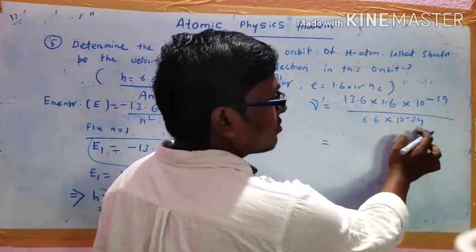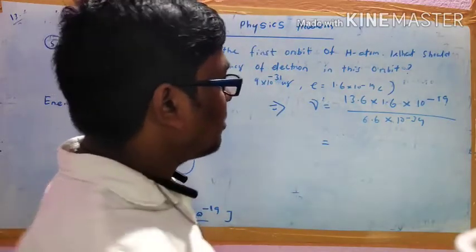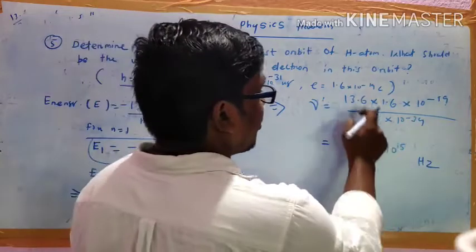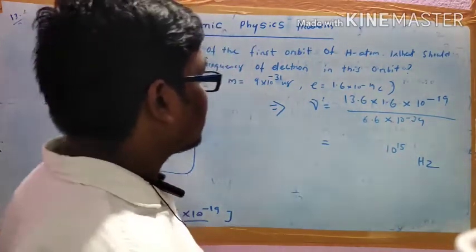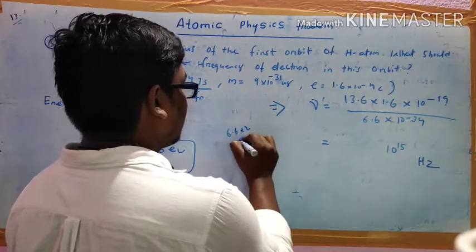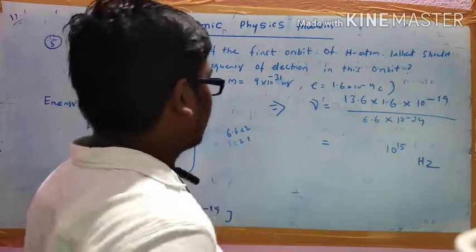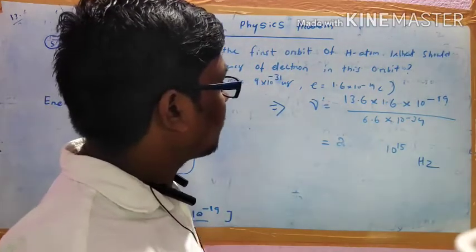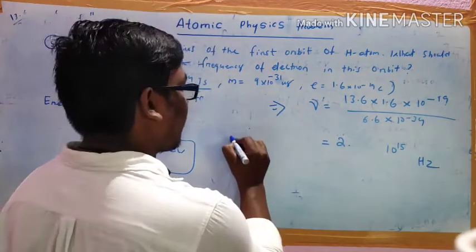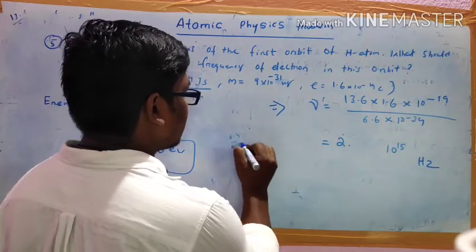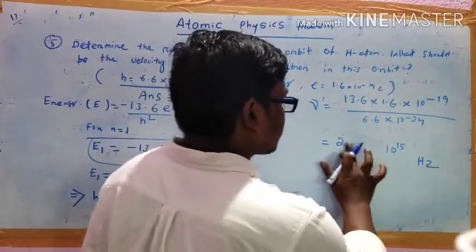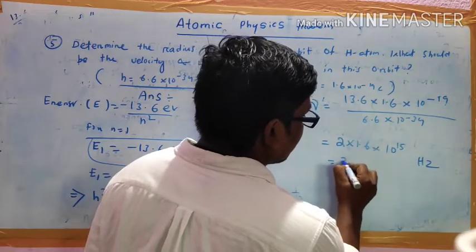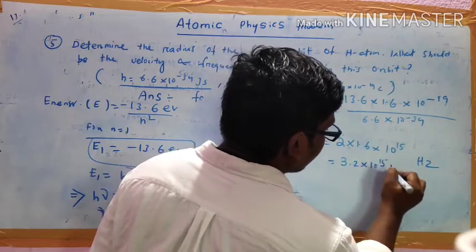The answer is about 10 to the power 15, and I'm using the unit hertz. 13.6 by 6.6, let's take it as 2, into 1.6 into 10 to the 15, this becomes 3.2 into 10 to the 15 hertz.